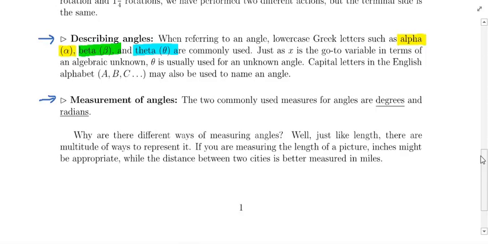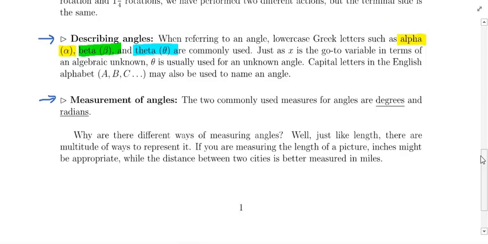You can measure length in feet or inches or miles or meters. The same thing will happen with angles. There are multiple ways of measuring angles. The biggies are degrees and radians.